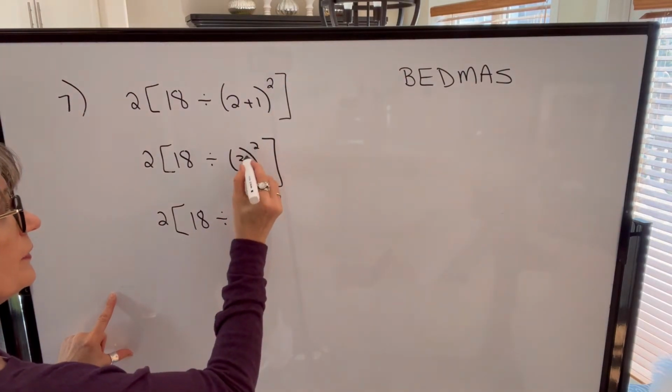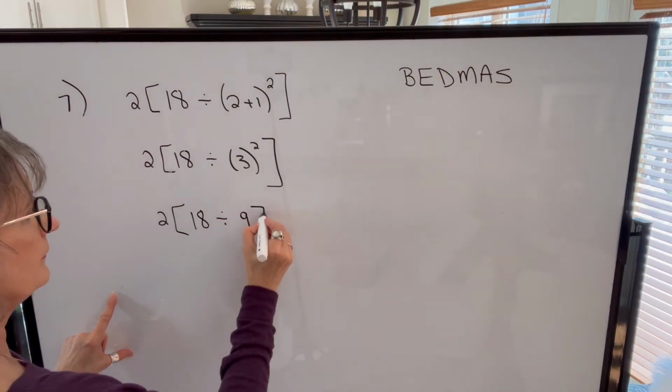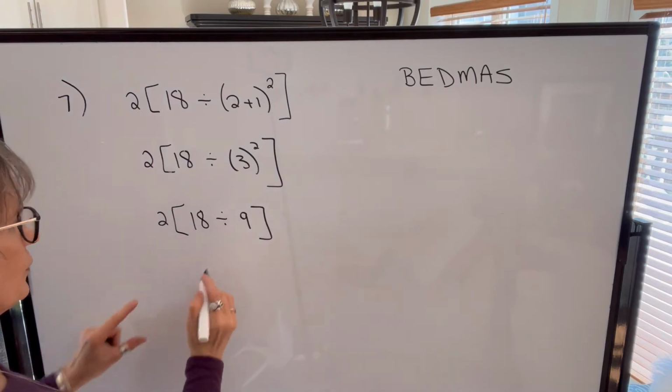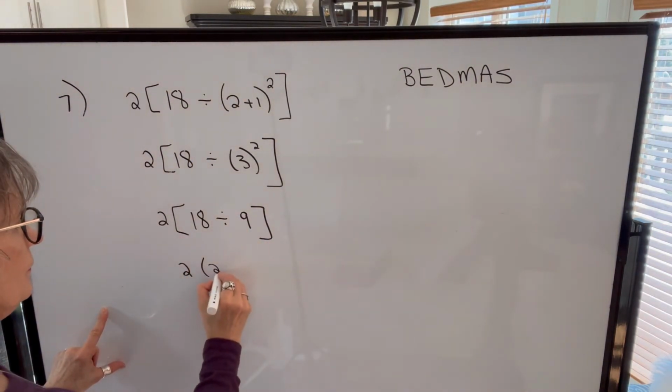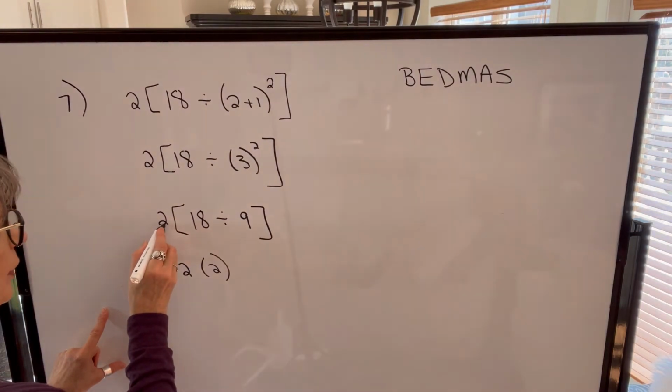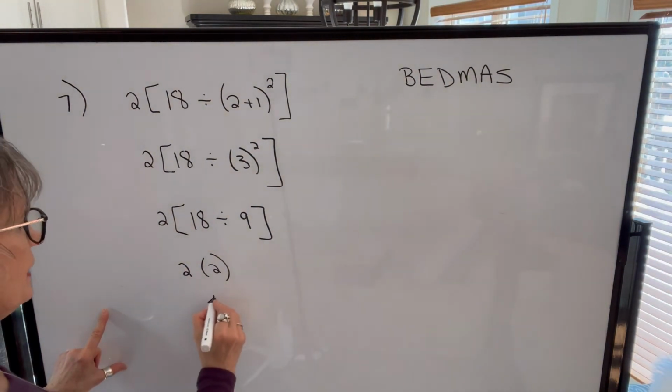So 3 squared is 3 times 3, which would be 9. Now I can do the division inside. 18 divided by 9 is 2. And then I can finally do the multiplication. 2 times 2 is 4.